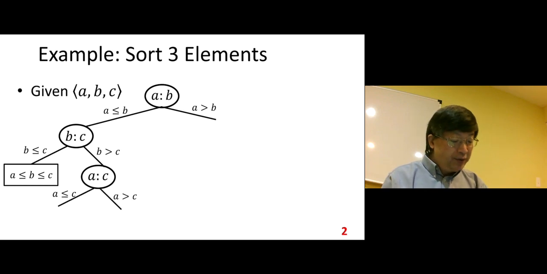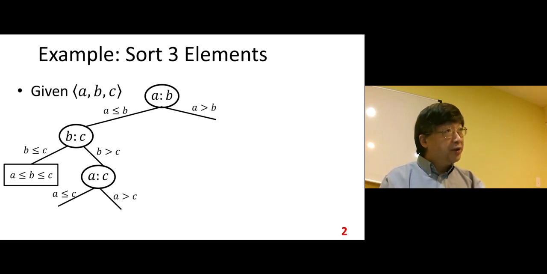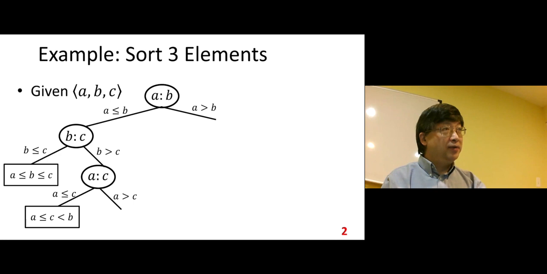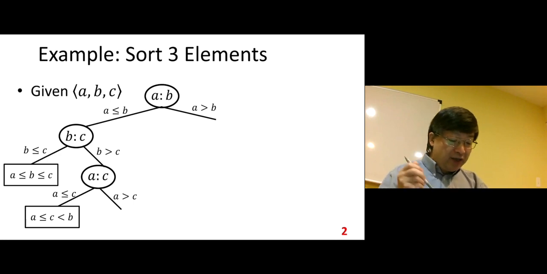Okay, so 2 outcomes, A less than or equal to C and A greater than C. Now we are ready to output the sorting result. For the first one, A less than or equal to C and less than B. That's the result. The second one, C less than A less than or equal to B.